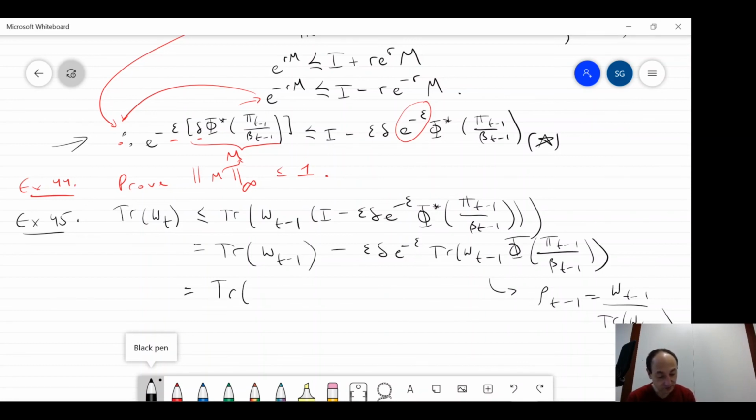So what I'll get then is this thing, minus epsilon delta e to the minus epsilon, times the trace of W_{t-1}. Sorry, maybe I'll write it on the next line so that it fits properly. So minus epsilon delta e to the minus epsilon, the trace of rho_{t-1} now.